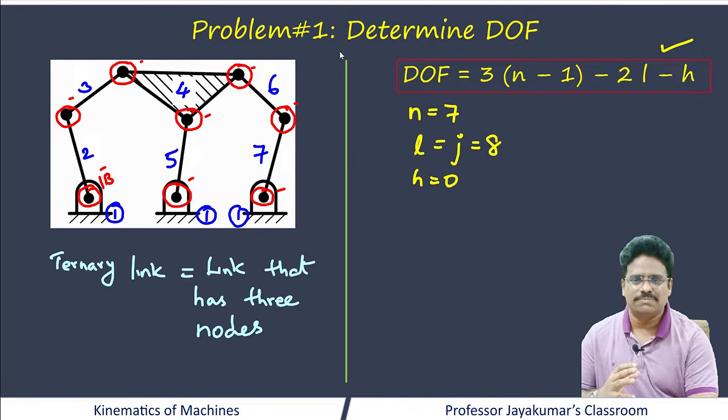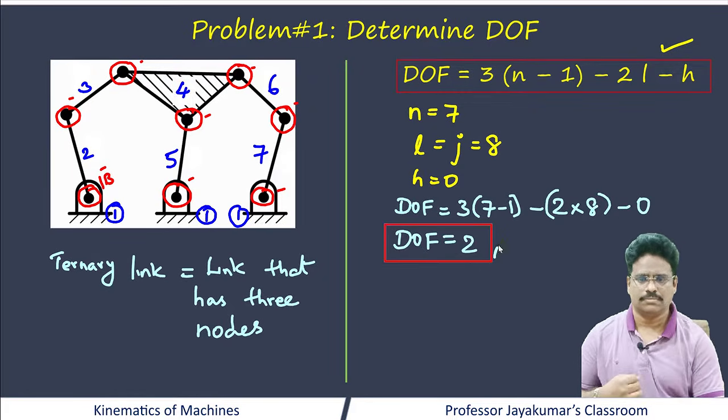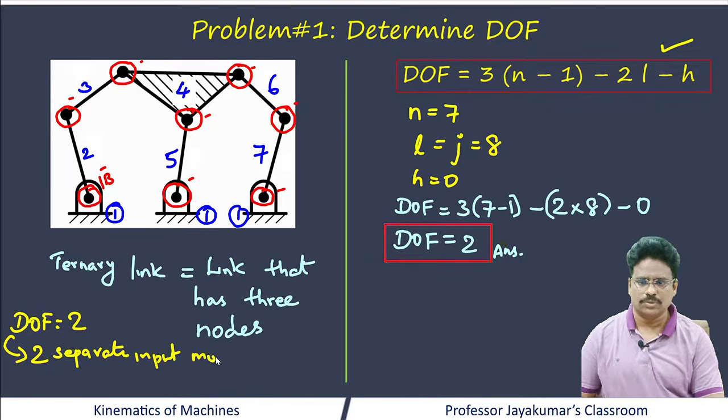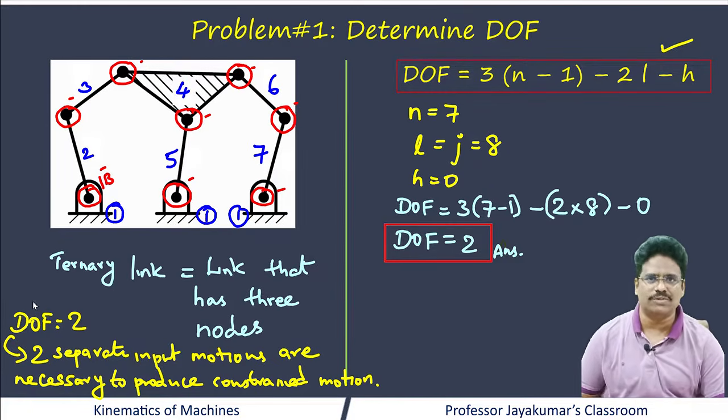So hereafter, mere substitution in the formula, I would be getting the answer. So by substitution, I get degrees of freedom for this mechanism as 2.